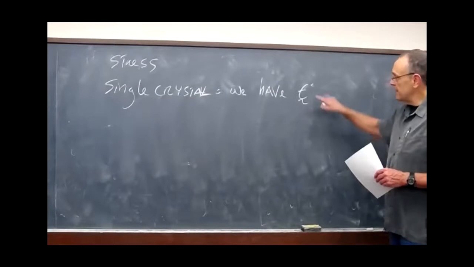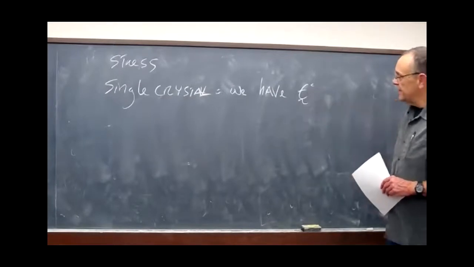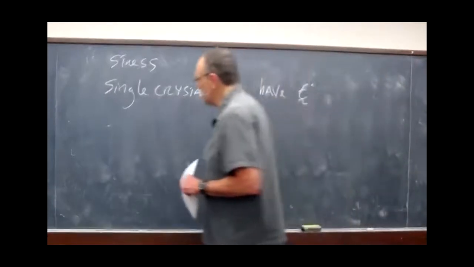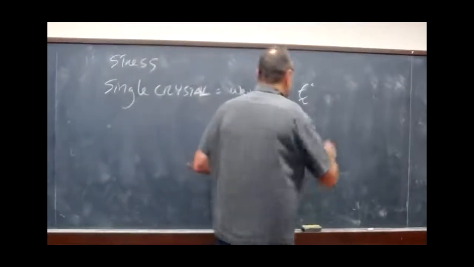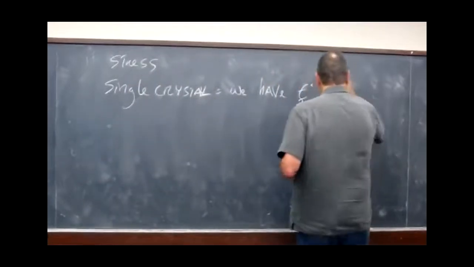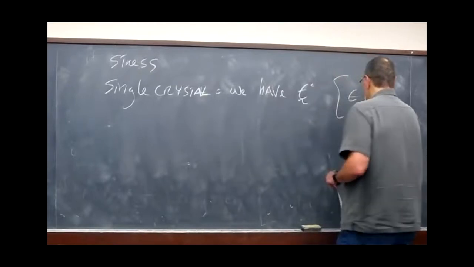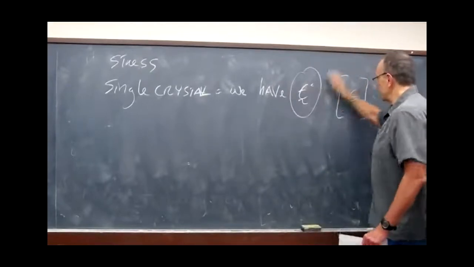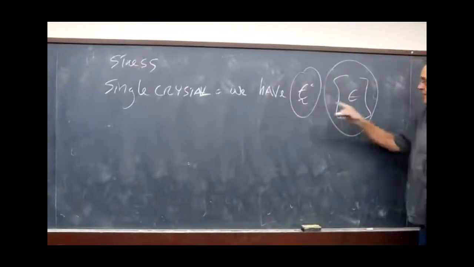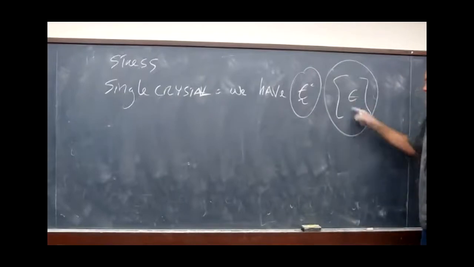And we have it relative to some coordinate system. So remember, there's a difference between the tensor and the matrix. These are the components relative to a coordinate system.